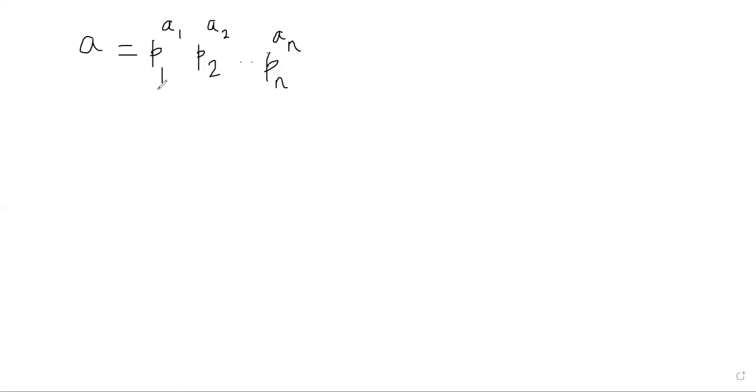These are the n prime factors for number a. And let's say b is another number which also has prime factors. We can read it as p1 power b1, p2 power b2, and so on, pn power bn.